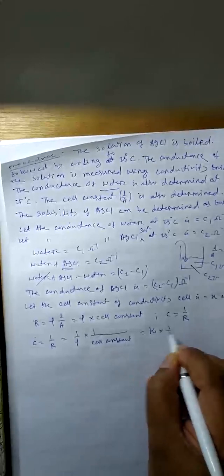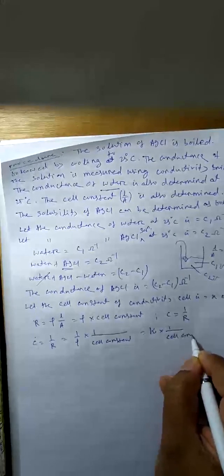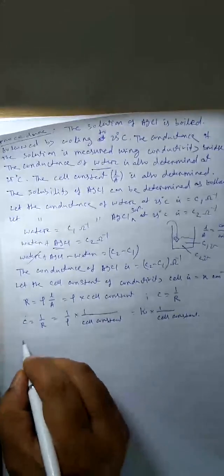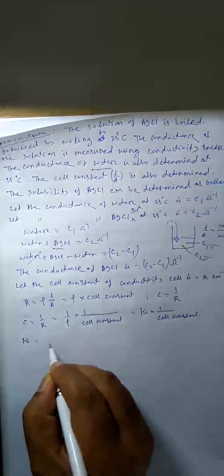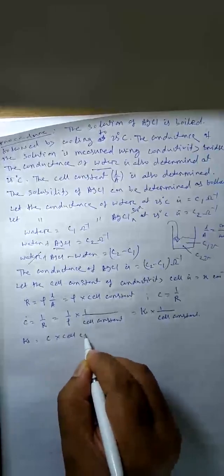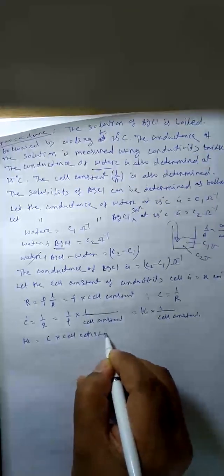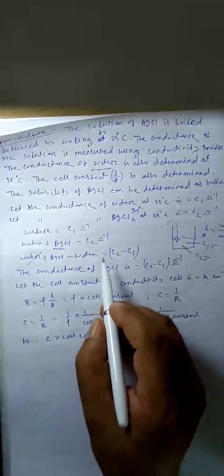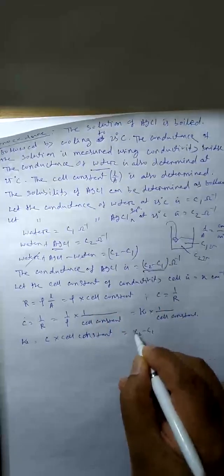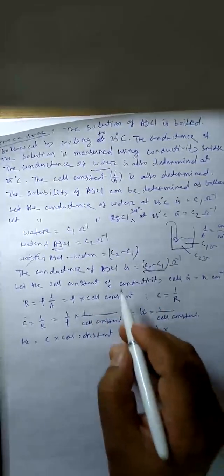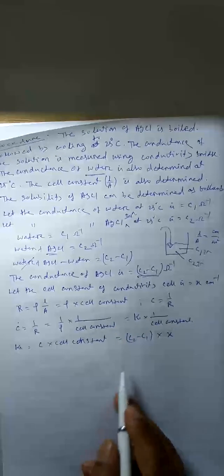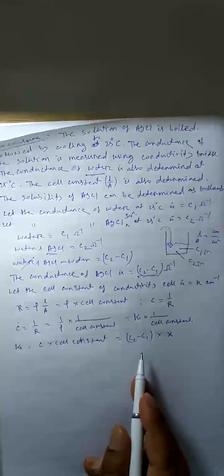So conductivity is equal to conductance into cell constant. The conductance of silver chloride is C2 minus C1, and the cell constant is x, so the conductivity is (C2 minus C1) into x.